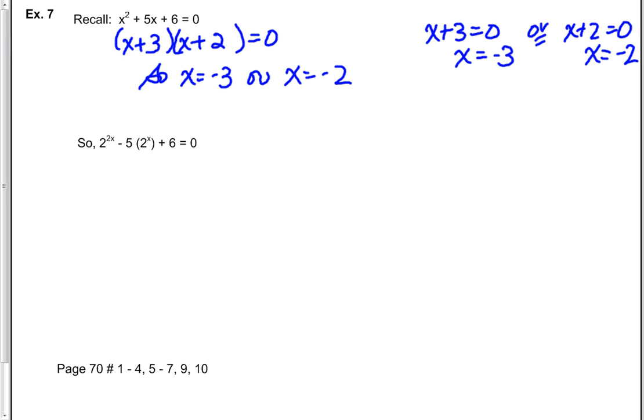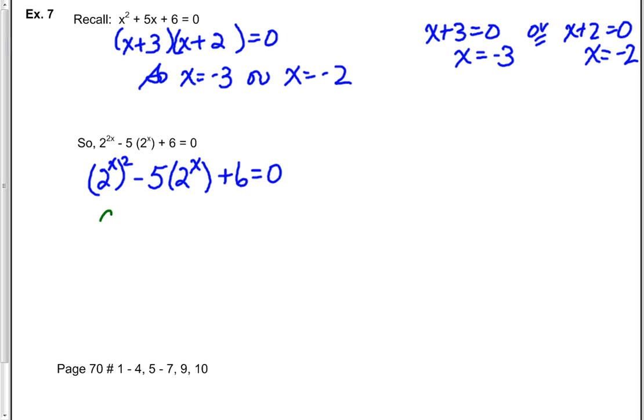Likewise, this hideous thing is the same as 2 to the x squared, because you'd multiply exponents and get what you started with, minus 5 times 2 to the x plus 6 equals 0. That's very similar to the equation we had above.